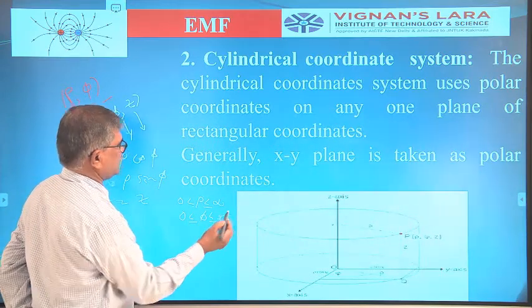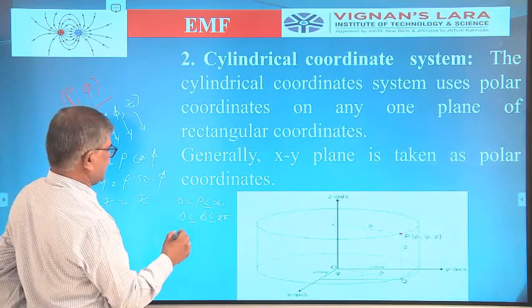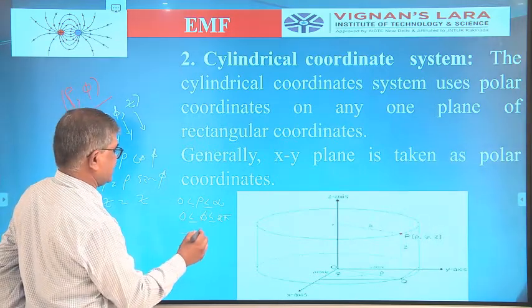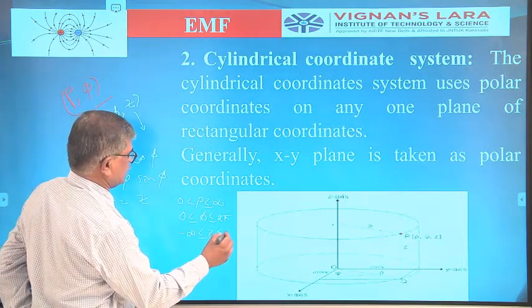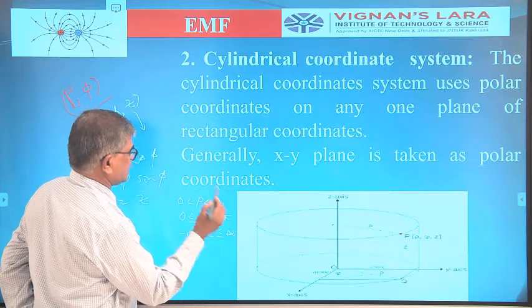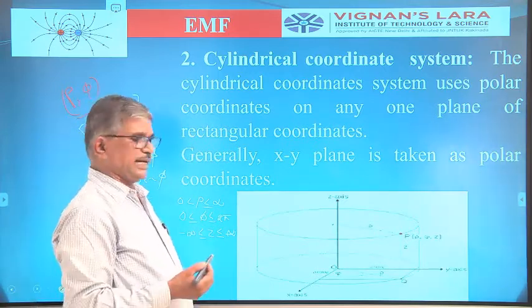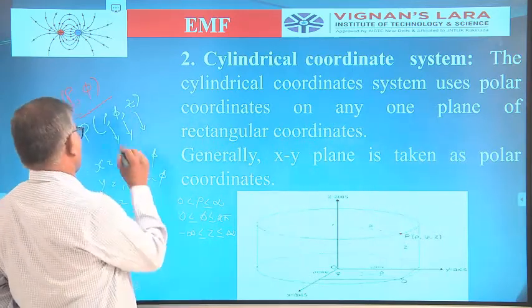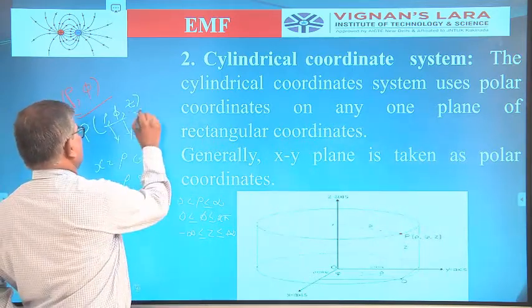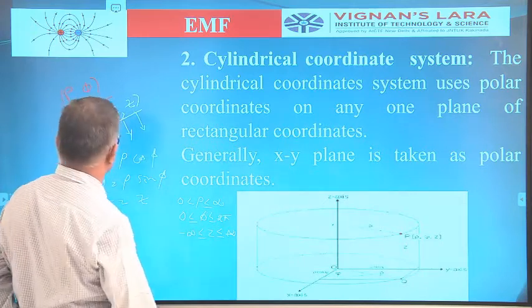The angle is 0 to 360 degrees. And z limit is minus infinity less than or equal to z less than or equal to plus infinity. So these are the ranges of the cylindrical coordinates. So rho, phi, z are the coordinates of the cylindrical coordinate system.